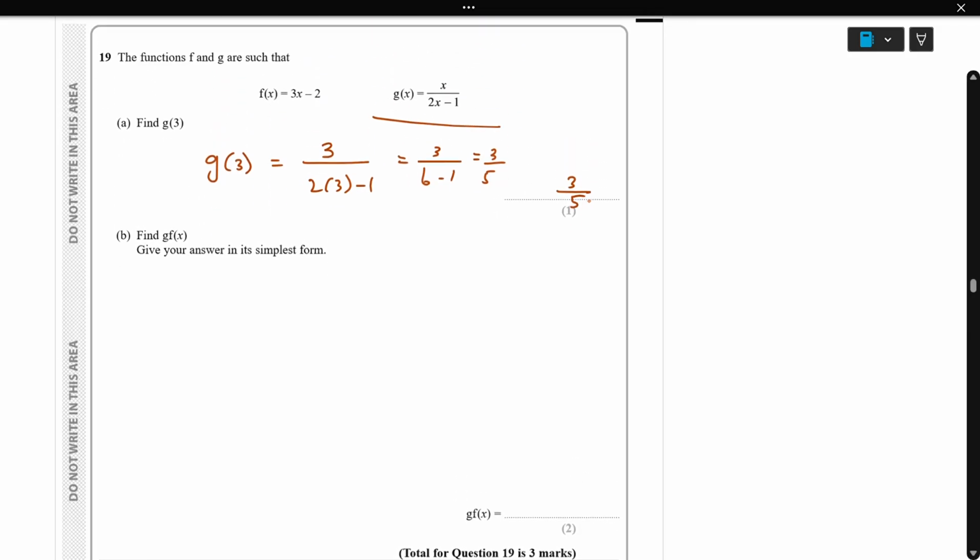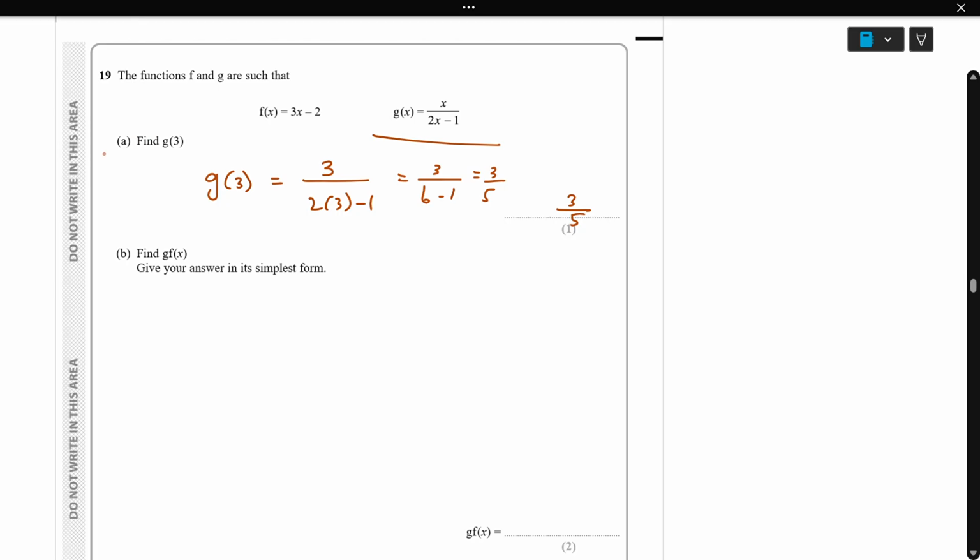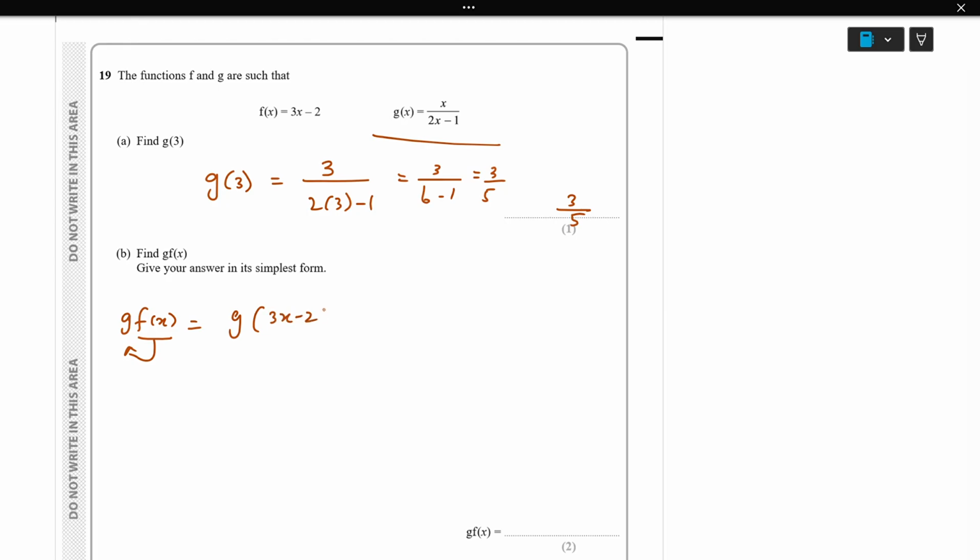Next, find g of f of x. This is a composite function. We have to put the f function into g. So it becomes g of f of x. So 3x minus 2: wherever x is in the g function, we replace it with 3x minus 2.